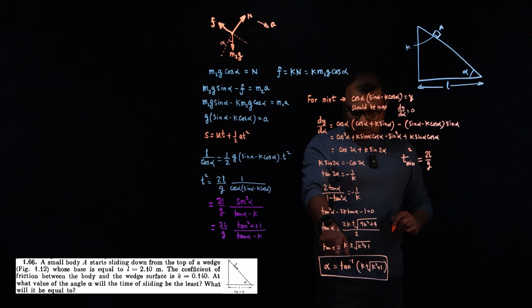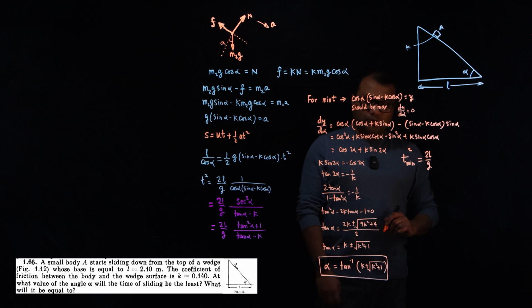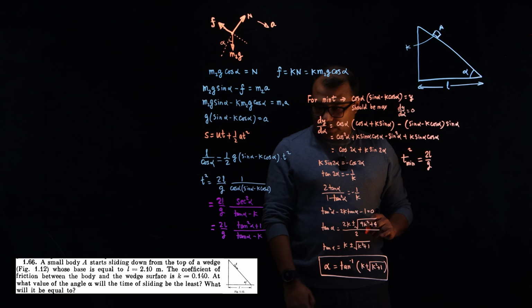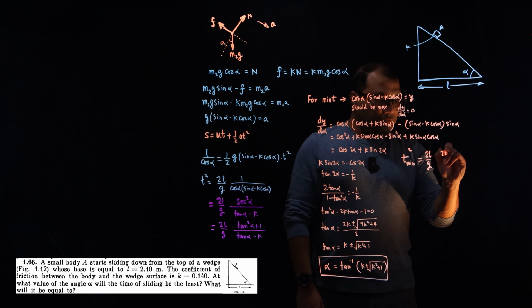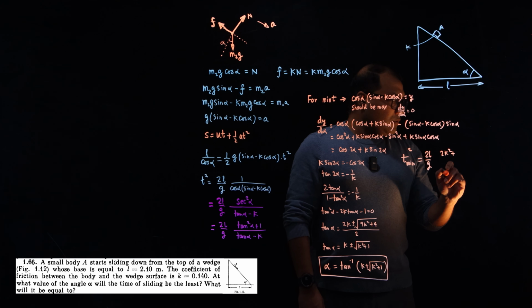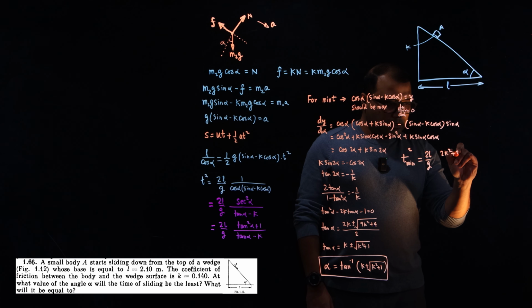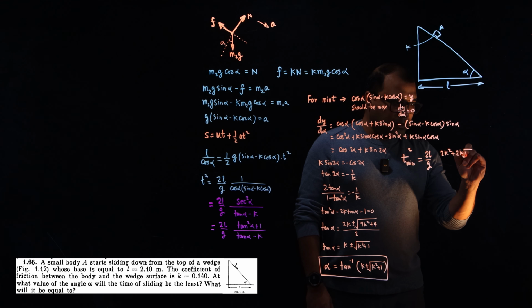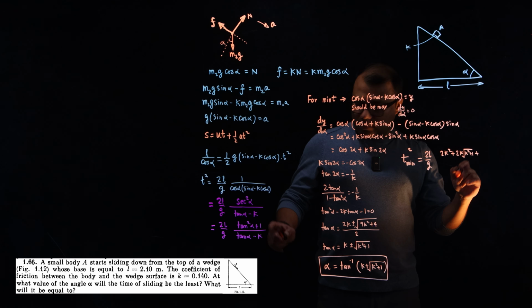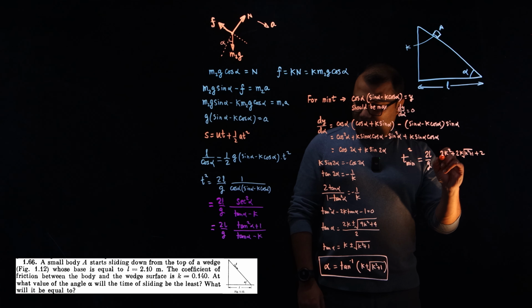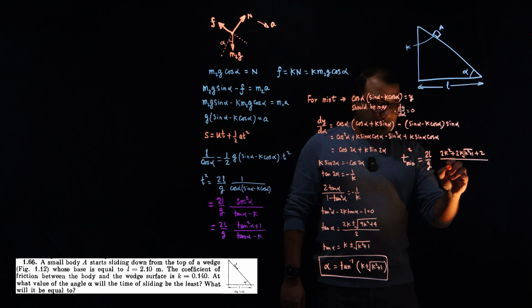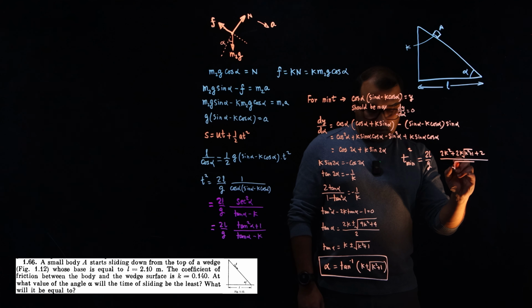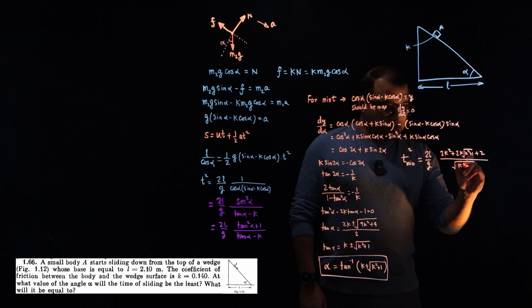Tan alpha is k plus root k square plus 1. So squaring that and adding 1 will give me 2k square plus 2k root k square plus 1 plus 2, divided by tan alpha minus k, which is root over k square plus 1.